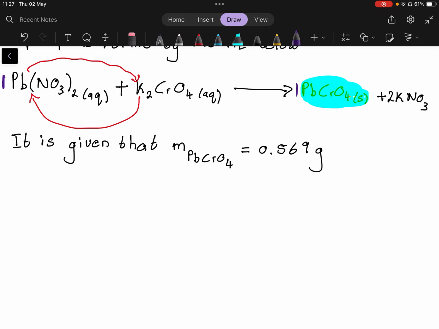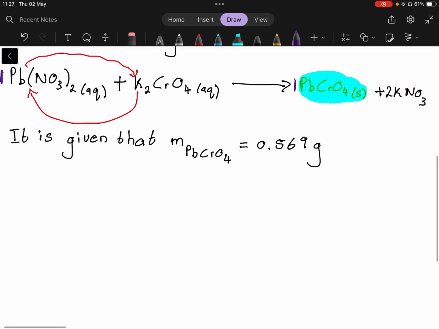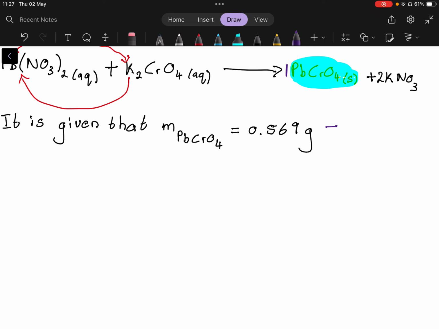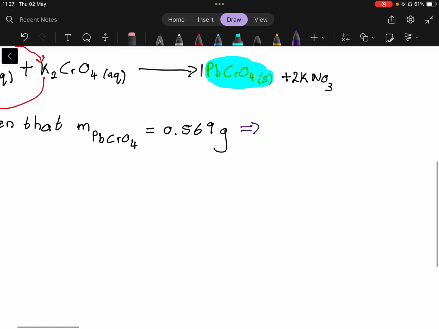Once we have the mass of the NO3, we can determine what percentage it made up of the original solution or the original sample. So it is given that that is, so then you can say something like, this implies that the number of mole of the lead chromate will be equal to, of course, the mass divided by the molar mass.